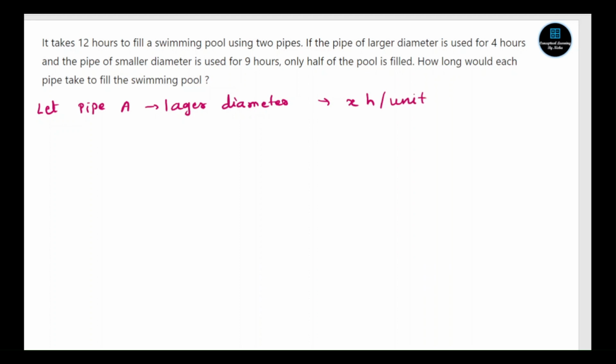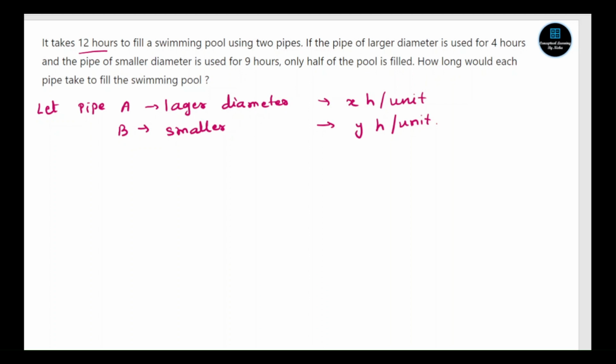And pipe B the smaller diameter, and this is y hours per unit. Now what they are saying, they take 12 hours to fill the pool, right?